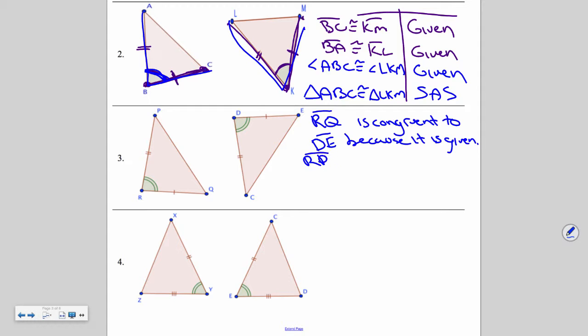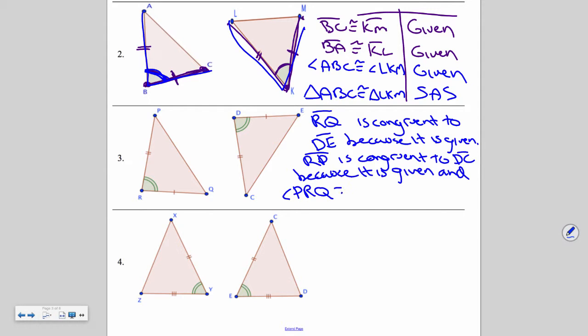RP is congruent to DC because it is given, and angle PRQ is congruent to angle CDE because it is given.